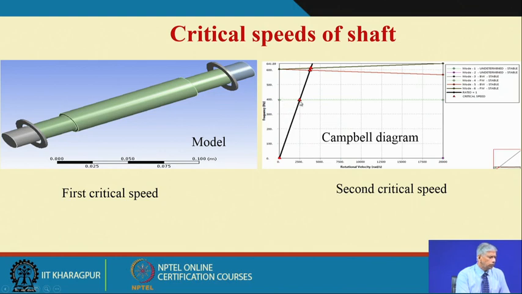The first natural frequency comes at about 400 hertz, and then the second natural frequency. So, this gives you an operating idea from the Campbell diagram of the safe limits. You have to avoid these critical speeds. So, different modes, the critical speeds are indicated here, okay, and for different ratios where it is stable or unstable, one can study this.